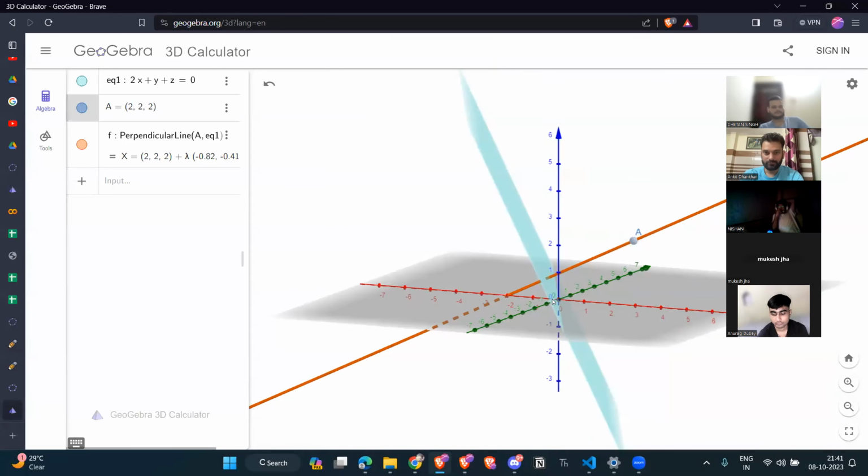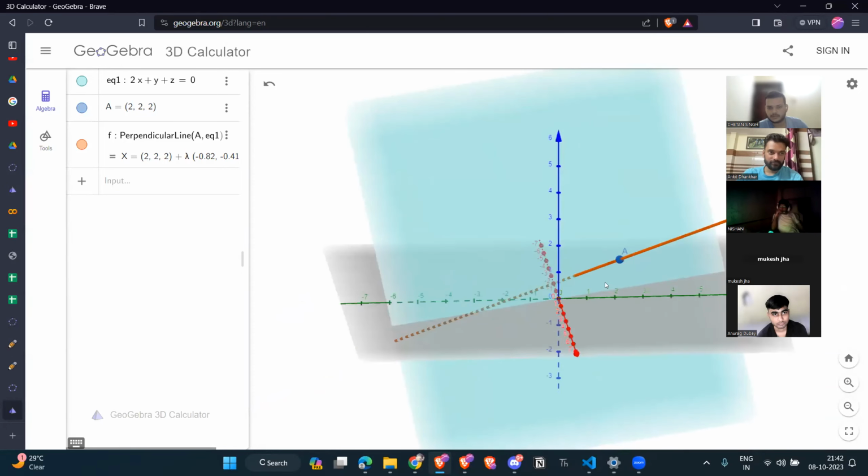Instead of going in all three directions, what if we have a shortest distance in one dimension only, like traveling along the x axis only? Interesting. So you're saying you want a line in the x direction, right?